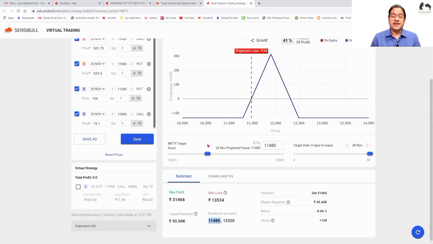Here, let me tell you what happens. When it is at least 2 days, 3 days to expiry, I'm not telling you to just go 1 or 2 days before expiry, you can actually look at the market price and exit the trade. Don't wait for it to expire.